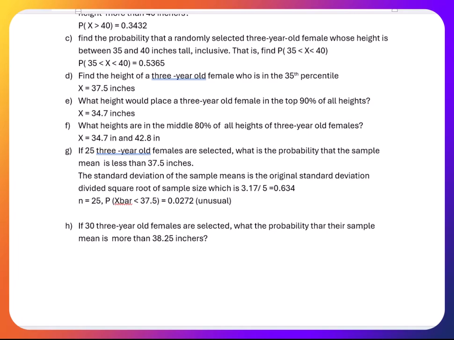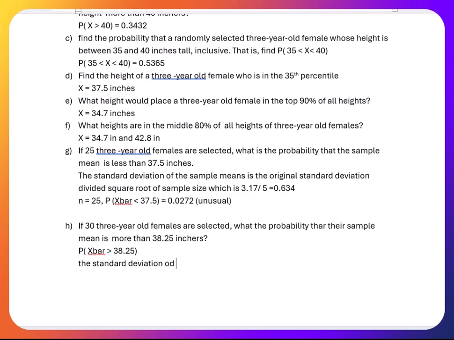If 30 3-year-old females are selected, what's the probability their sample mean is more than 38.25? Again, the probability is for X bar, X with the bar on top, greater than 38.25. Again, guys, when you work with sample sizes, the standard deviation changes. So the standard deviation in this question is not the same as before because we had 25, here we have 30.